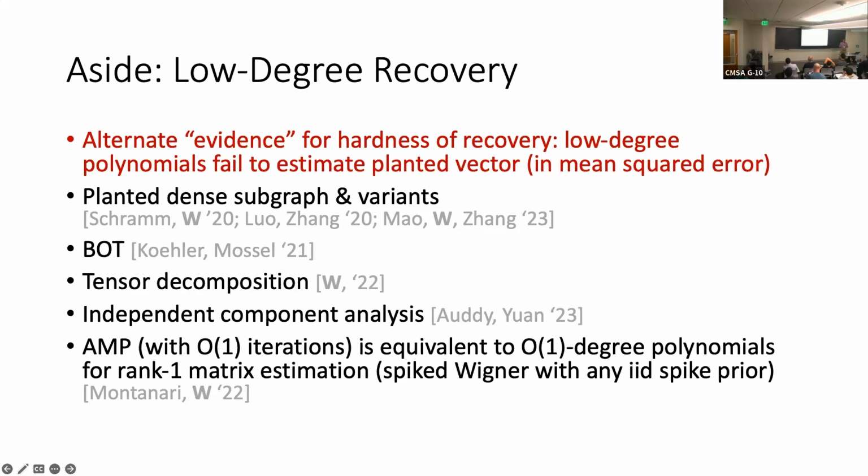So AMP gets exactly this sharp constant on the mean squared error, and this is exactly the best thing achievable by any constant degree polynomial. There are two directions in this. One is that AMP can be well approximated by a constant degree polynomial, and also that AMP is the best constant degree polynomial. So this is one formal sense in which AMP is the optimal algorithm for these kinds of problems.